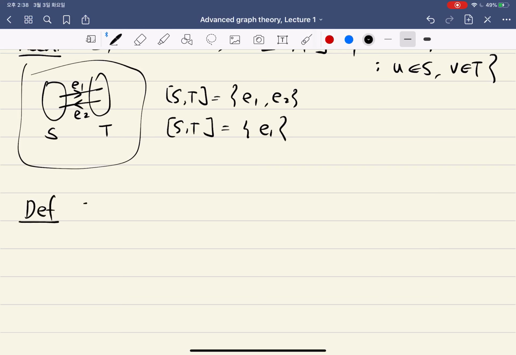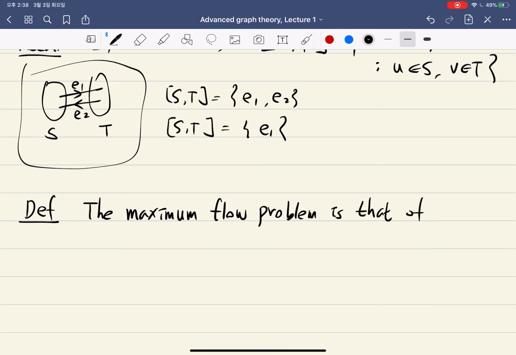So what we are interested in is finding a flow with the largest value. Let's say the maximum flow problem is that of finding a feasible flow of maximum value.